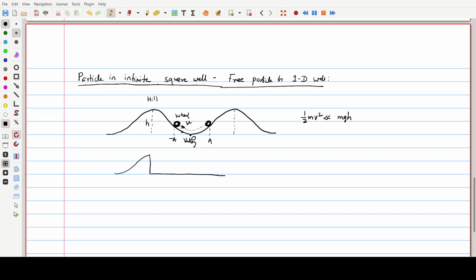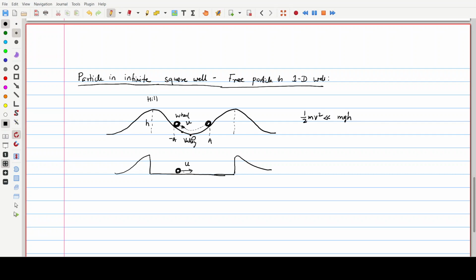Suppose this valley becomes completely flat ground, and the same wheel is now rolling with some initial speed. Now what would happen to this wheel?